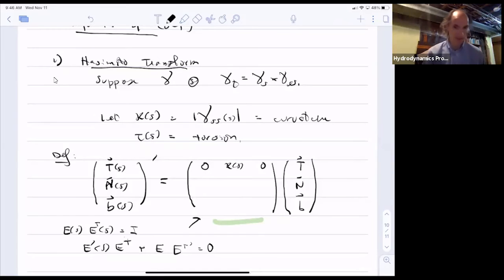In other words, if I differentiate the identity t squared equals 1, I'll find that t prime dot t is 0. If I differentiate the identity t dot n equals 0, I'll find that t prime dot n is minus t dot n prime, which is exactly this antisymmetry relation. So I have a minus kappa of s here, and this is 0, this is 0, this is 0. There's one other non-zero coefficient, and that's by definition the torsion.